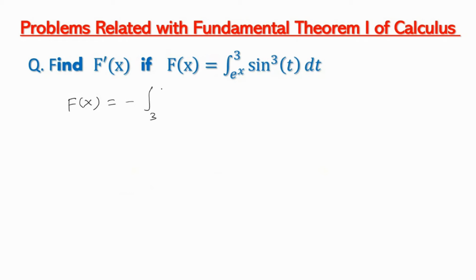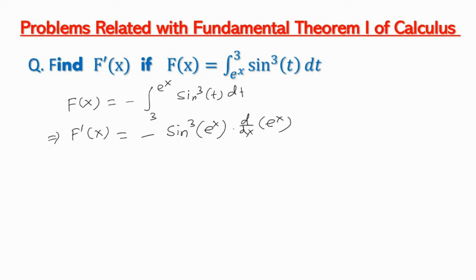So it can be written as minus the integral from 3 to e to the power x of sin(3t) dt. By the fundamental theorem, F'(x) is equal to minus sin(3e^x) and then the derivative of e^x, which is equal to minus e^x sin(3e^x).